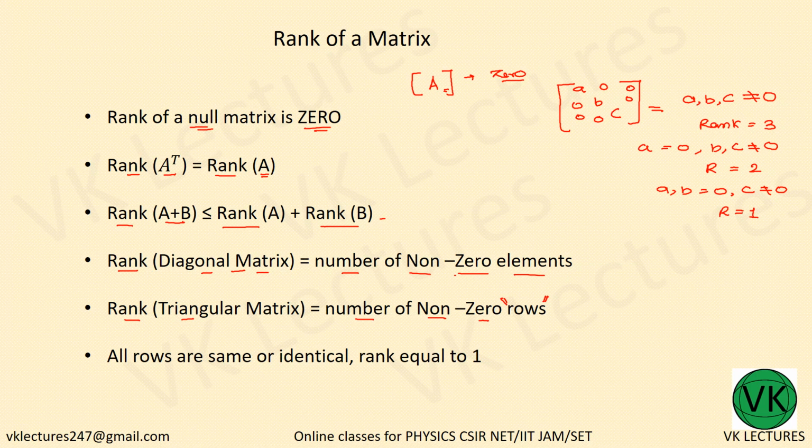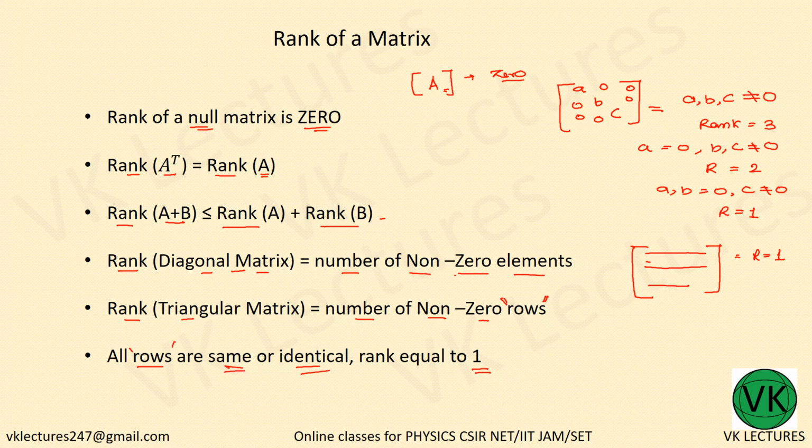Now, all rows are same or identical. For example, if you have a 3 by 3 matrix, if all rows are identical or equal, then rank is equal to 1. Sorry, the rank of the matrix is 1 if all the rows are same or identical.